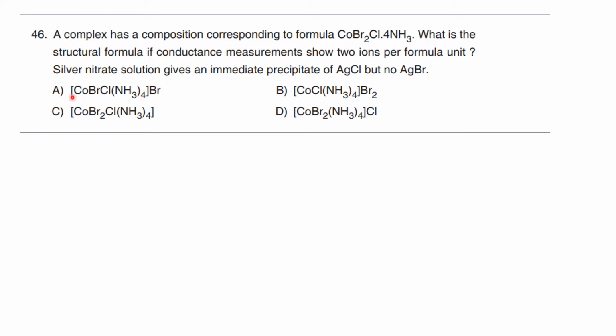The ligands inside the coordination sphere cannot dissociate, but the one present outside the coordination sphere can dissociate to form bromide ion. So it will react with silver nitrate to form silver bromide. But in the question, it is given that it gives silver chloride, not silver bromide. So option A is not the correct one.